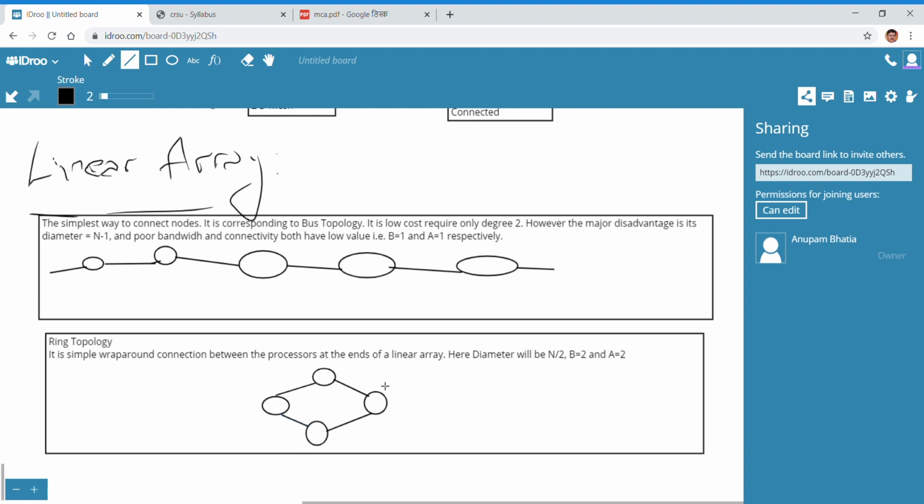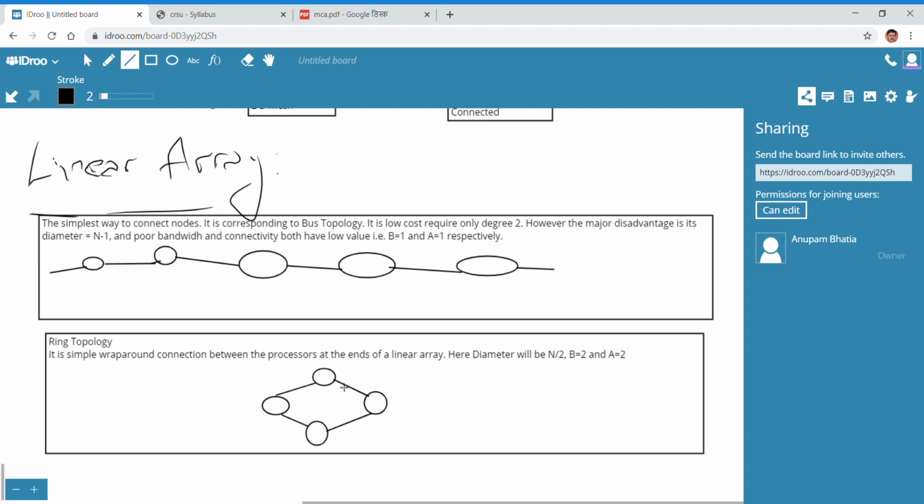Now, see here, if in the linear array we connect these two inputs and the output links, it will become equal to the ring topology. What is the difference between the ring topology and the linear array? Here the diameter will be n by 2.